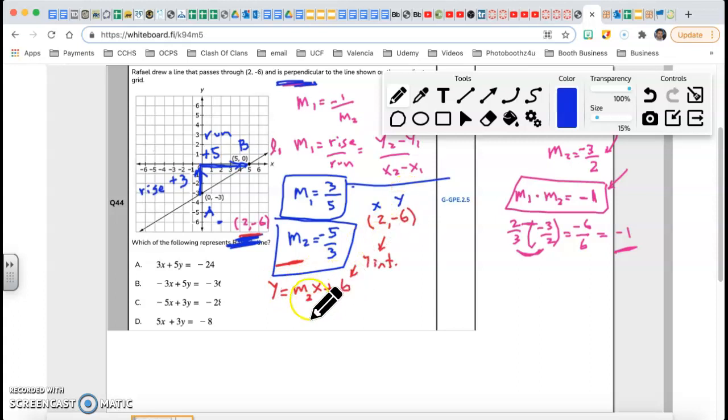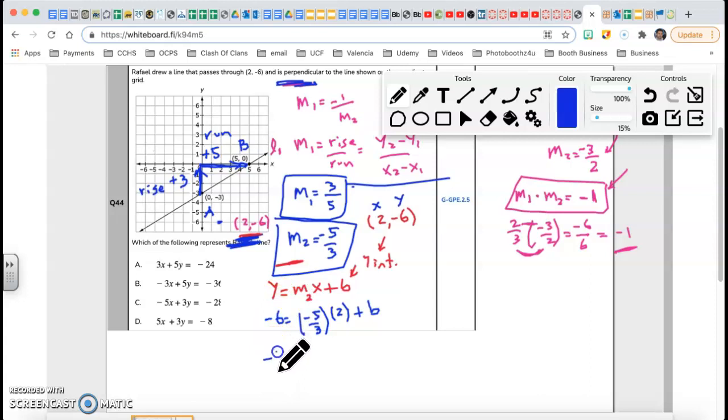Y is negative 6 equal my slope, which is the slope that I need, slope 2, negative 5 over 3. Okay? X is 2 plus b. If you notice, the only variable that I have here is b, which is the y-intercept. So let's solve for b.